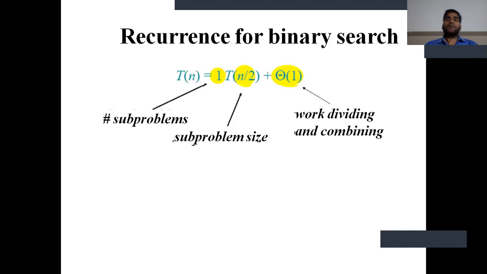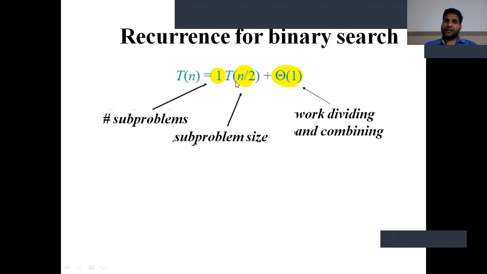So the recurrence for binary search is like this: we search the element in only one subproblem. n by 2 means the subproblem size. Theta 1 is the work of dividing and combining, because the work of dividing and combining depends on the search problem.